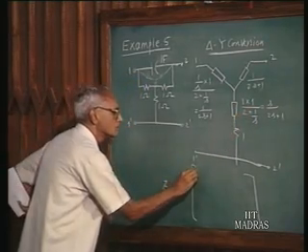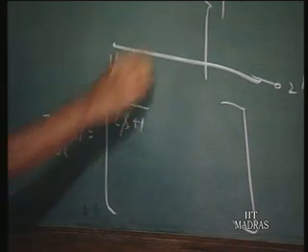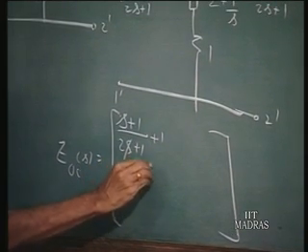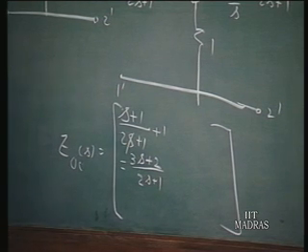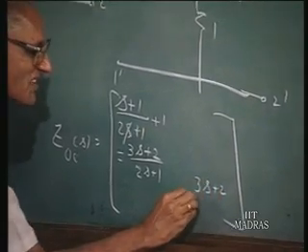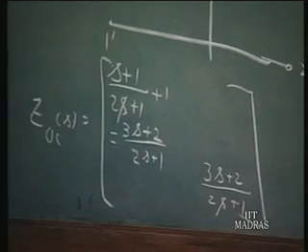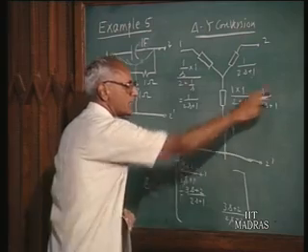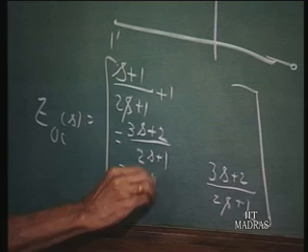Therefore, S plus 1 over 2S plus 1 plus 1 of course, which will be 3S plus 2 over 2S plus 1. That is Z11. By symmetry, Z22 is also 3S plus 2 over 2S plus 1. Z21 and Z12 are given by the impedance of this shunt branch, S over 2S plus 1 plus 1. That will be 3S plus 1 over 2S plus 1.